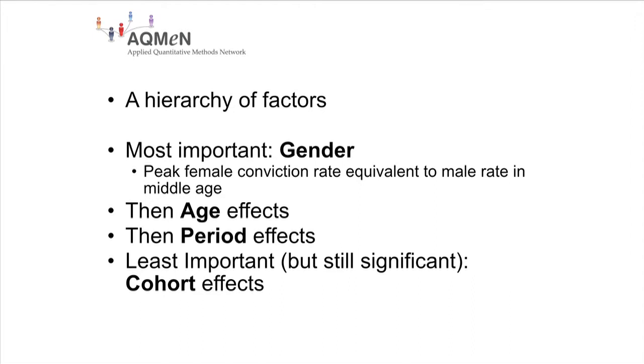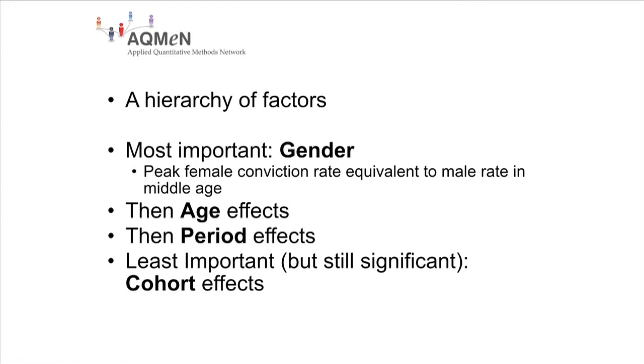So in conclusion, we're thinking about the factors that influence the change in conviction rates over different ages, years, groups, genders, and cohorts.